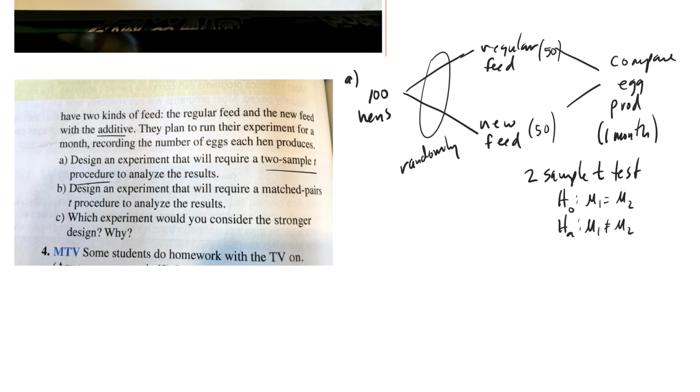So how can I design a test that requires a matched pairs t procedure? Well, I could do this, 100 hens. I'm going to split them in half. I'm going to let 50 of them do regular feed and then new feed.